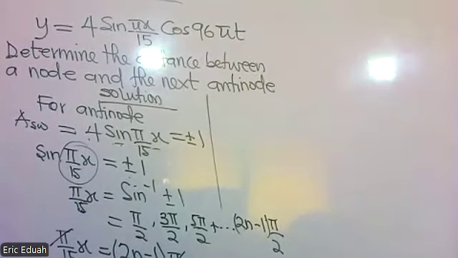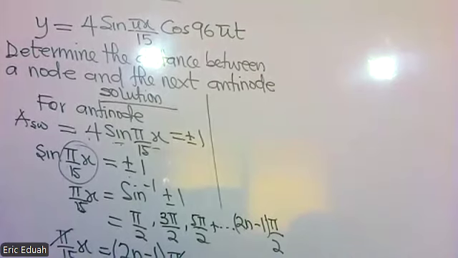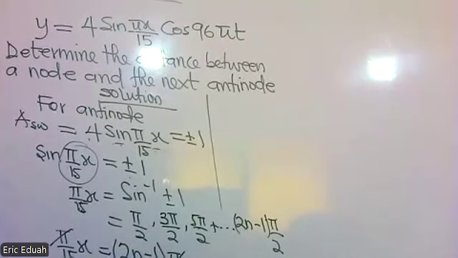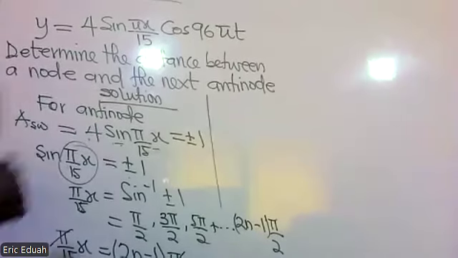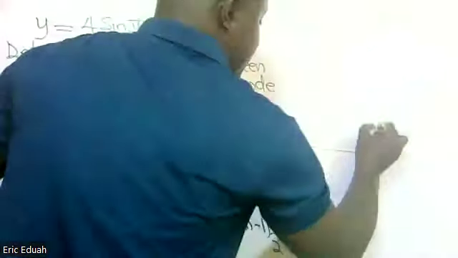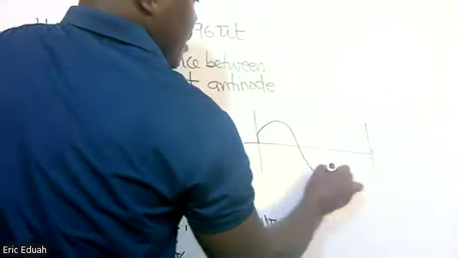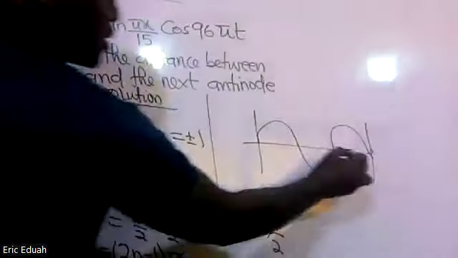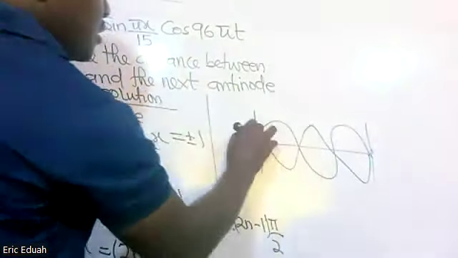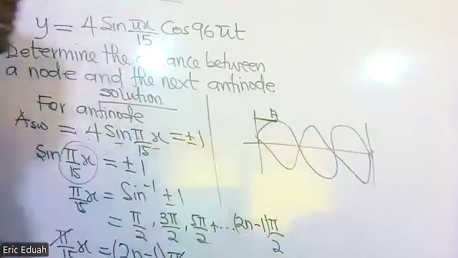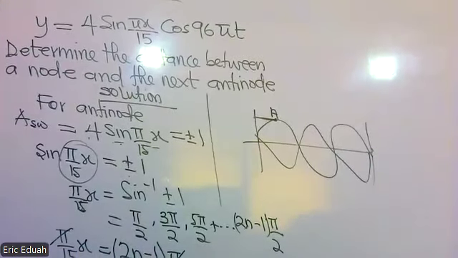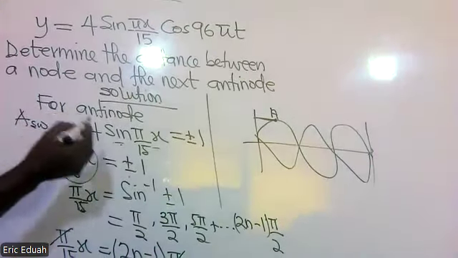Like 4 sine pi on 15x, how do you know whether to use the one that's equal to 0 or the one that's equal to plus or minus 1? You see, an antinode, if you have a stationary wave like this, this is an antinode. An antinode represents the maximum displacement.